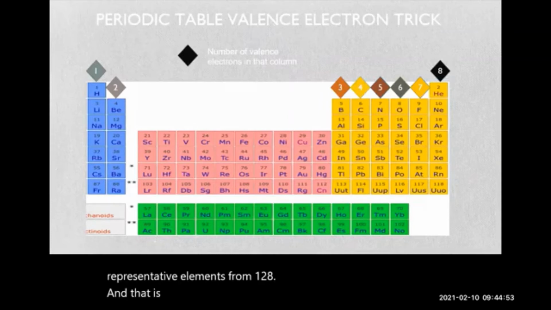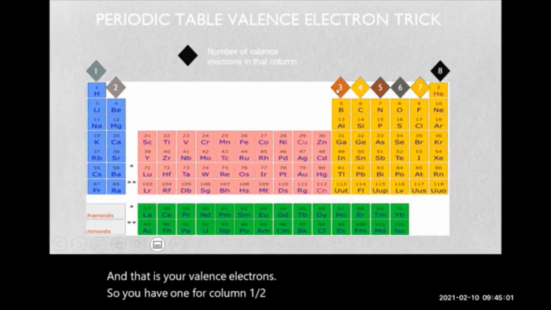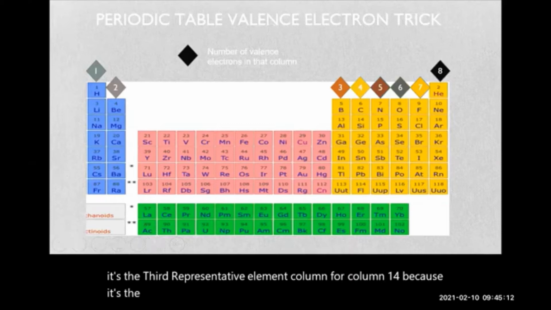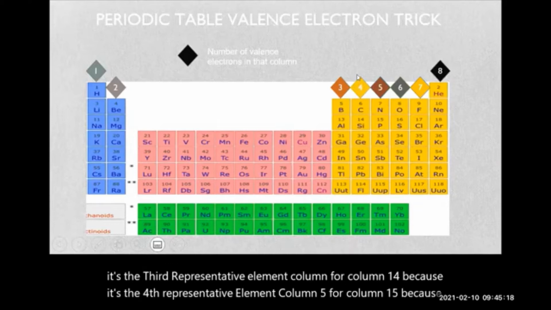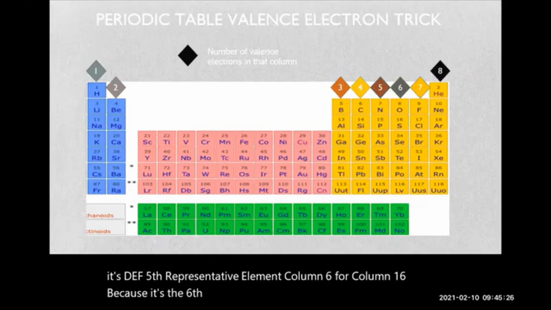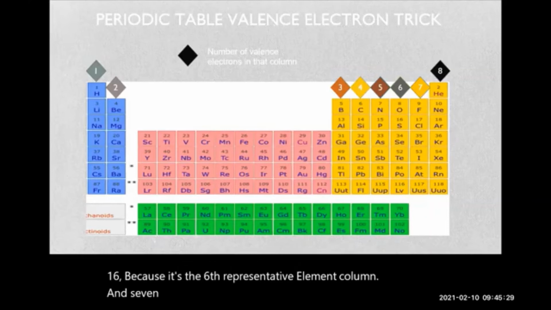that is your valence electrons. So you have 1 for column 1, 2 for column 2, 3 for column 13, because it's the third representative element column, 4 for column 14, because it's the fourth representative element column, 5 for column 15, because it's the fifth representative element column, 6 for column 16, because it's the sixth representative element column, and 7 for column 17, because it's the seventh representative column.